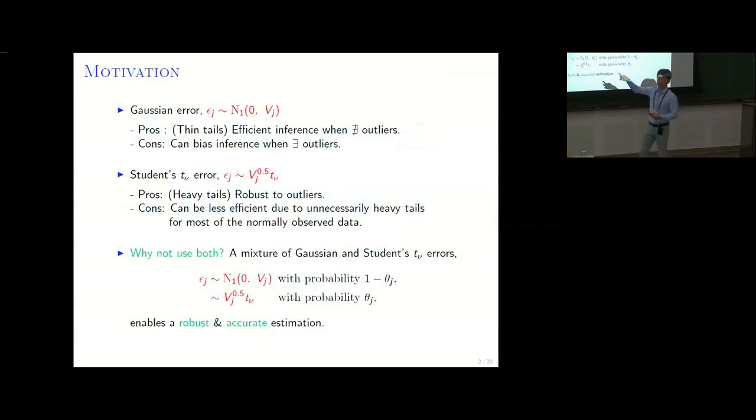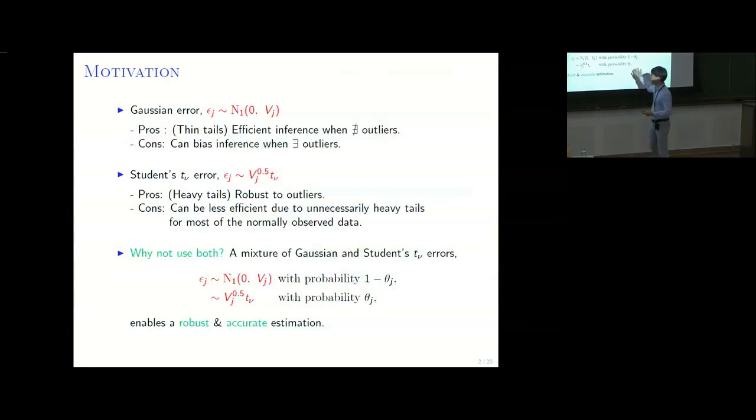Student T error has the opposite pros and cons. The inference becomes robust, but it can be less efficient because you are assuming heavy tail error for mostly Gaussian data. So my question is, why not use both? This mixture error can complement the pros and cons of both error models.